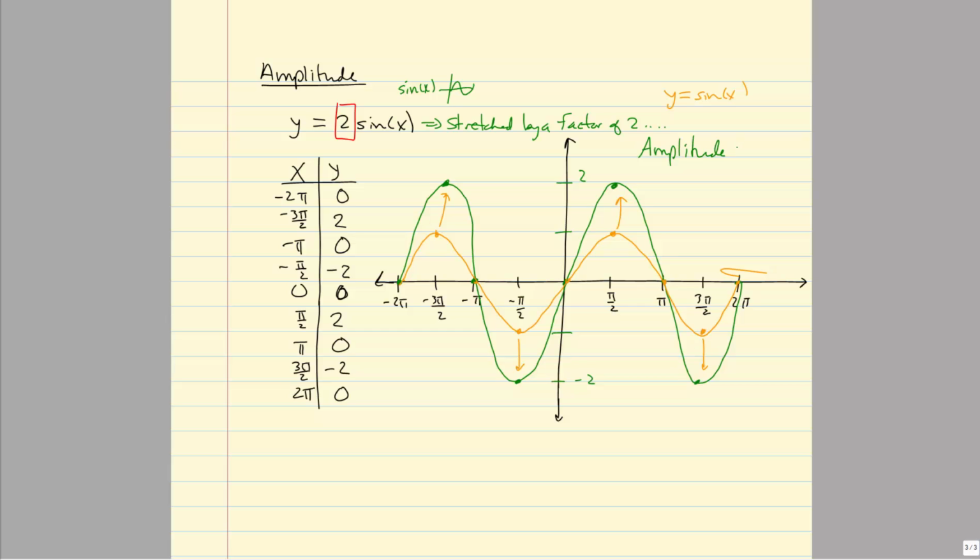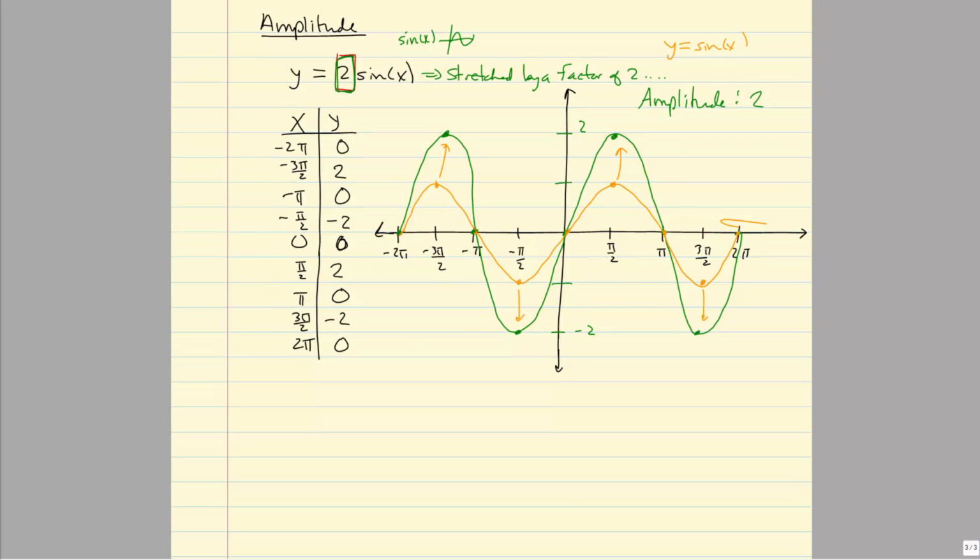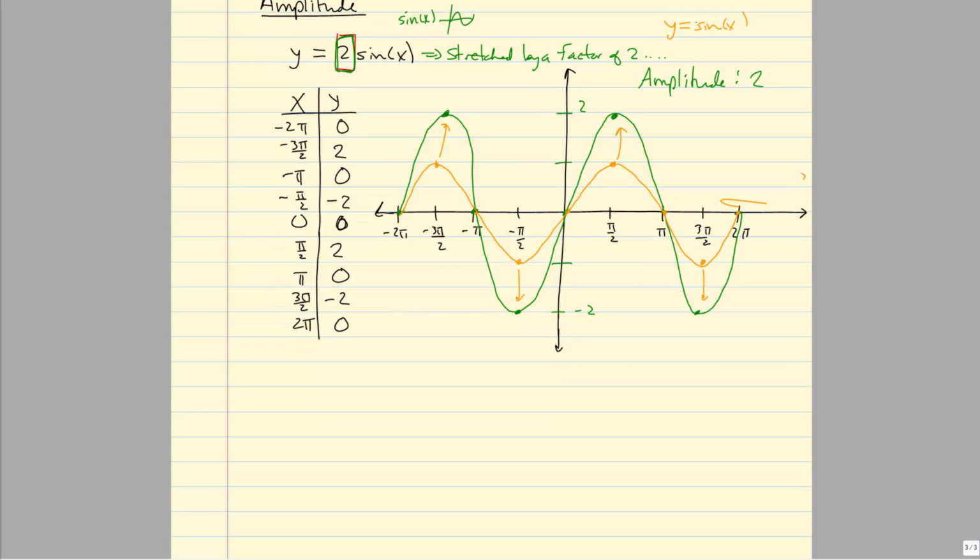And for the amplitude, I just always take whatever is in front of the function that's being multiplied, and I take its absolute value. So whether this is your standard curve, and there's an implied 1 here, the amplitude is 1. In the graph we just did, the amplitude is 2. So in general, and this would work for sine and cosine, if I have y equals a sine of x or y equals a cosine of x, a is the amplitude.